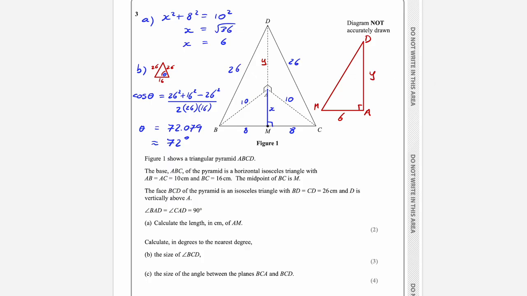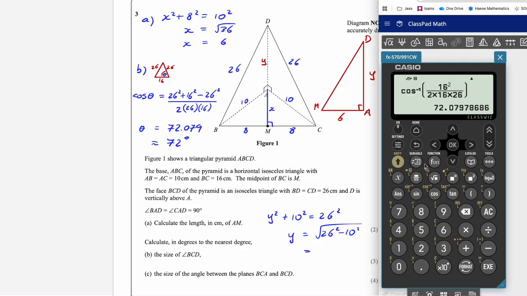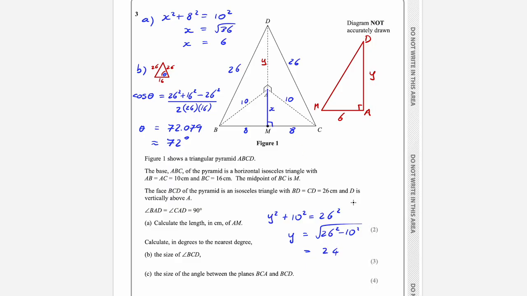So Y squared plus 10 squared equals 26 squared. Y is equal to the square root of 26 squared minus 10 squared. Pythagoras, square root of 26 squared minus 100 is 24. Okay, that's another one of those nice Pythagorean triples.